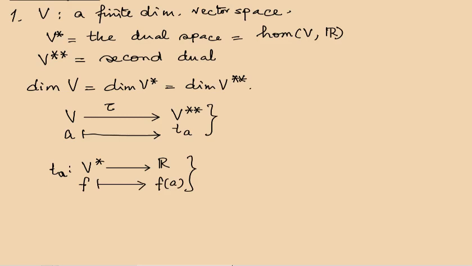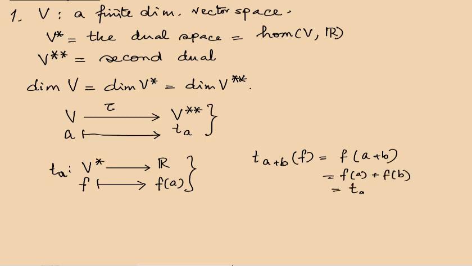So firstly, is this linear? Obviously, the way we define V star, it's linear. And why is a to Ta linear? So what is T of a plus b at f? This is f of a plus b, which is fa plus fb.